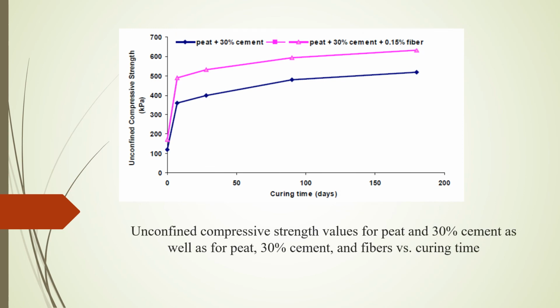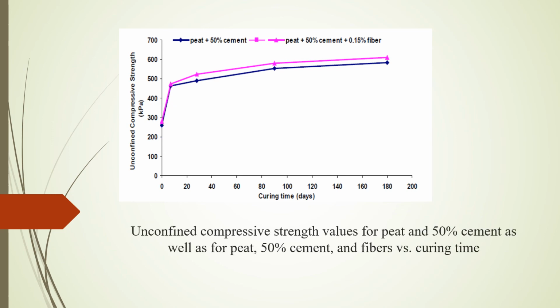And here it is 50%, where the quantity of cement is 50% and peat is also 50%. I mean 15% fiber and 50% cement. And the same thing we compared here.